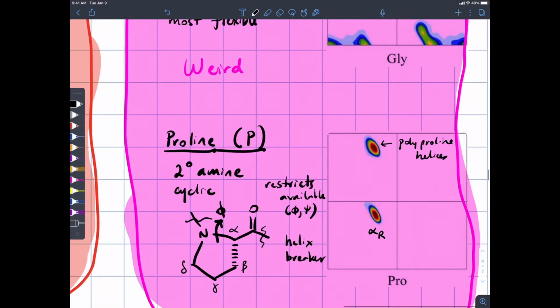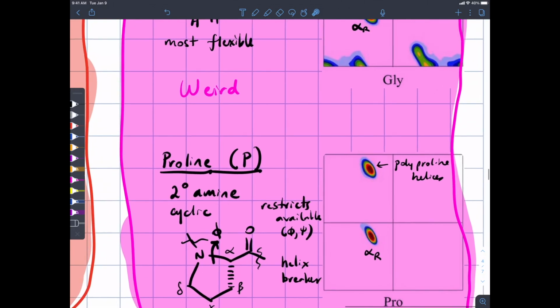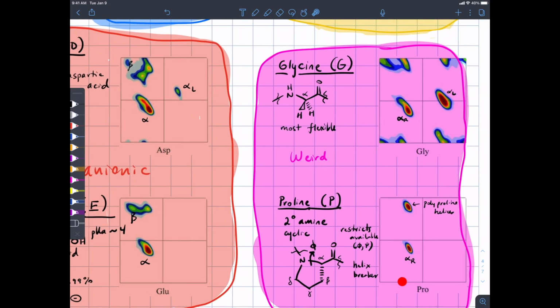And so if you compare, say, the values of psi adopted by proline to those adopted by glycine, it's a much narrower range. However, the phi values, you can see proline adopts still a wider range of phi values. And that's exactly right. It's the cyclic constraint. And again, that's an OCHEM principle.